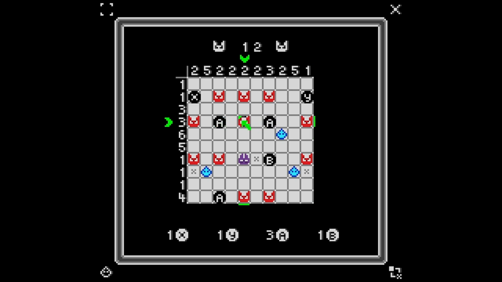So one of these two is going to be a wall. And then 2 of these 3, which means at least one of these is a wall. So that tells me A can be no more than 1. So one of these is a wall and 2 of these 3.